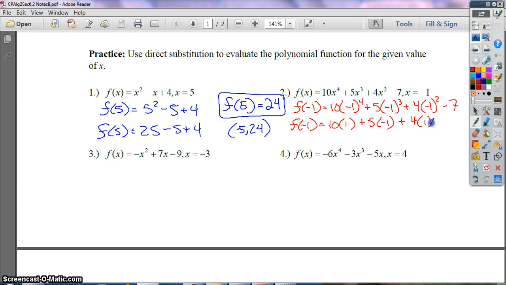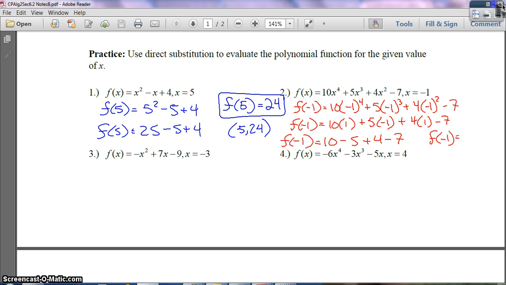This is 4 times positive 1 minus 7. Continuing down here, I have 10 minus 5 plus 4 minus 7. So f of negative 1, when it's all said and done, will be 5 plus 4, which is 9. 9 minus 7 is 2. So f of negative 1 is equal to 2.